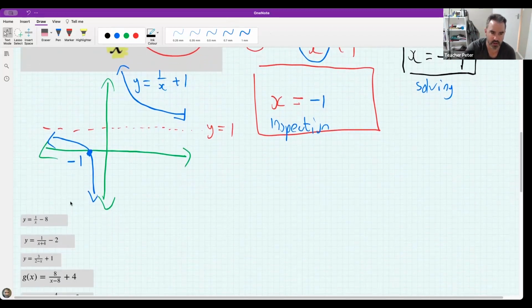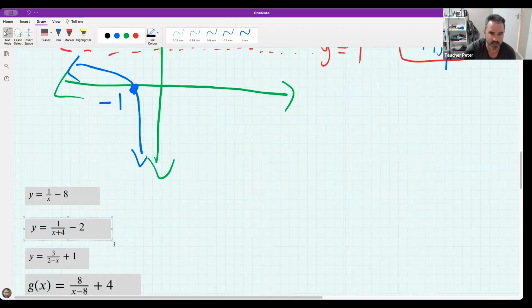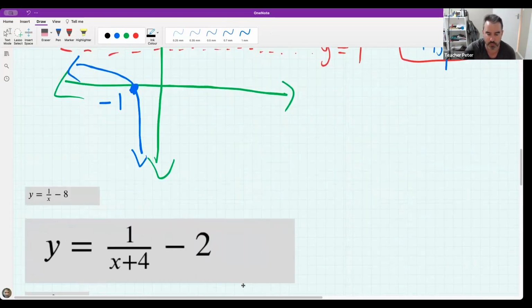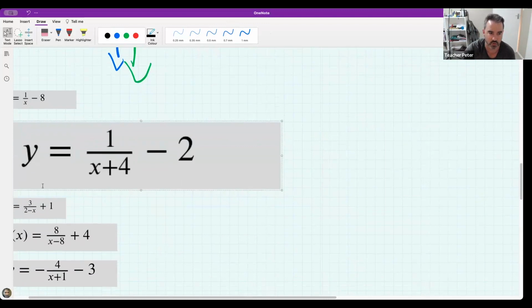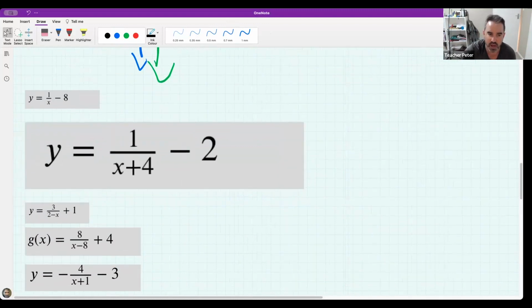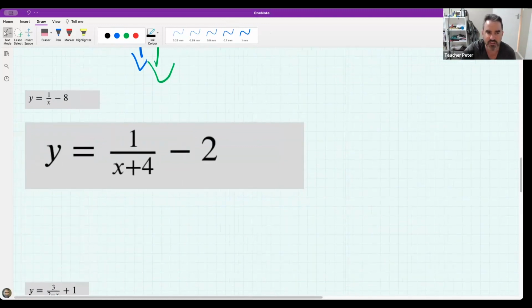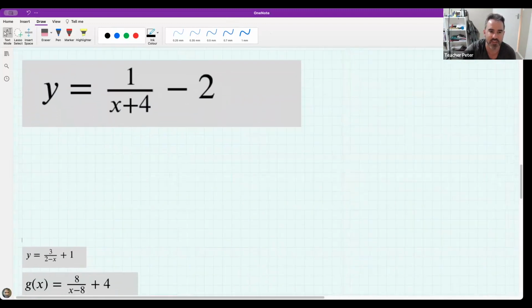I want to now move to a different example. I know I'm doing lots of examples, but in the second half of the lesson, you guys are going to draw like crazy. So I want to ask, what is different about this hyperbola?